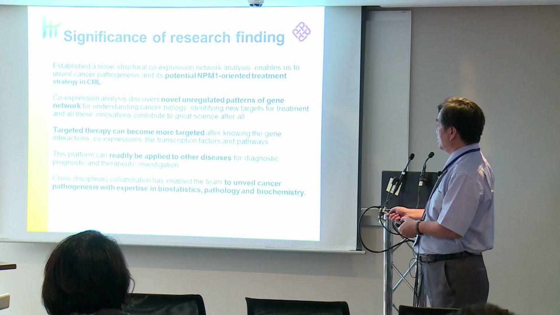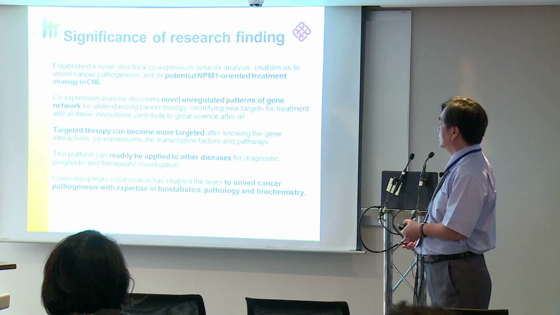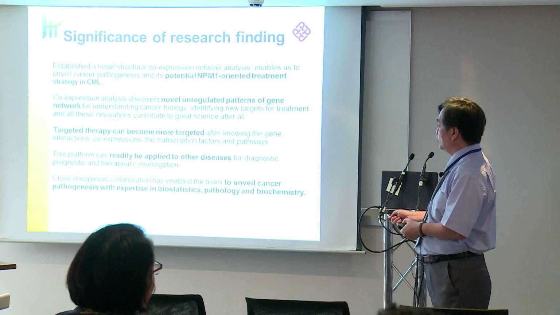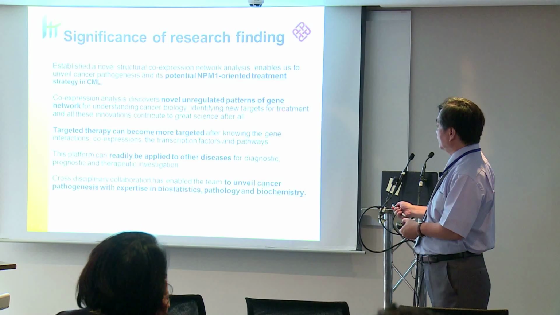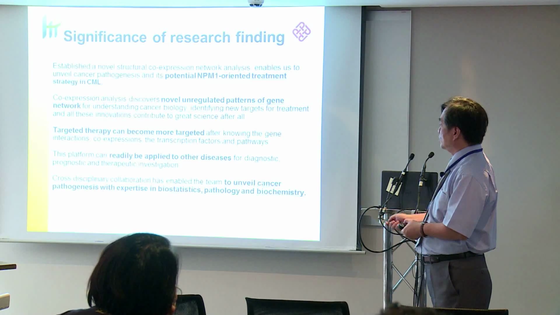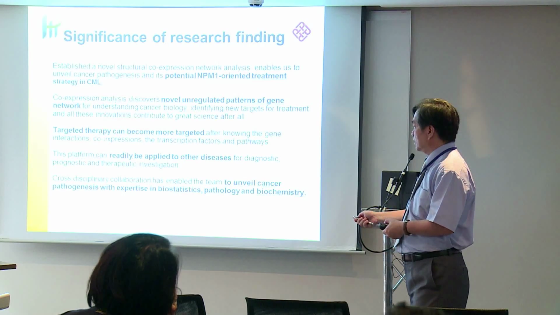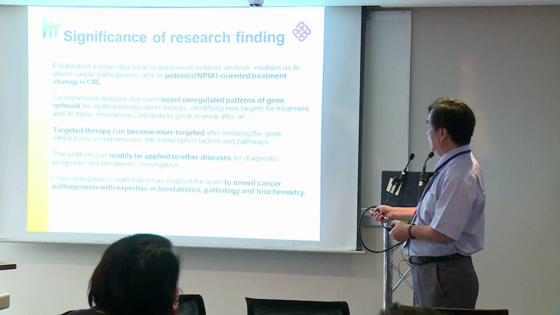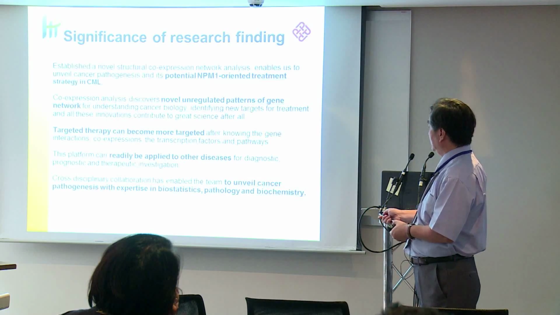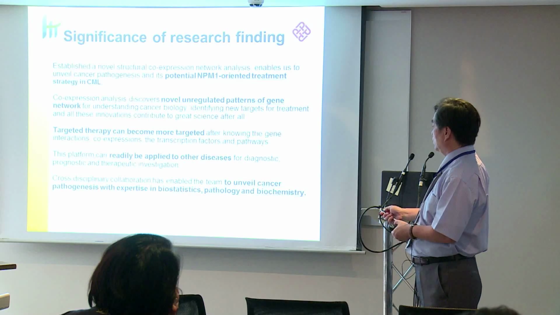And this analysis discovered novel unregulated patterns of gene networks for understanding cancer biology, identifying new targets for treatment, and all this innovation will contribute to great science after all. And targeted therapy can become more targeted because we know the pathway after knowing the gene interaction, co-expression, transcription factor, and pathways.